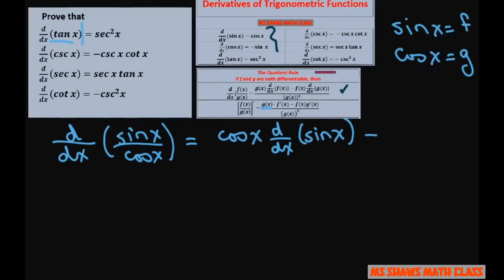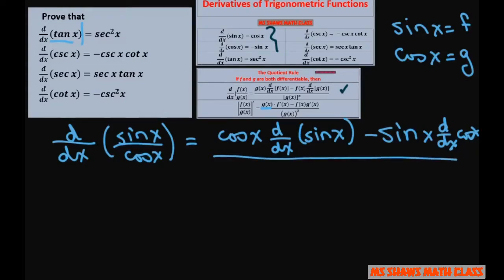and then you use your minus sign, and we're going to write sine of x, that's our f function, times the derivative of cosine of x. And then we're dividing by our g. So that's going to be cosine squared of x, because you square the g of x.